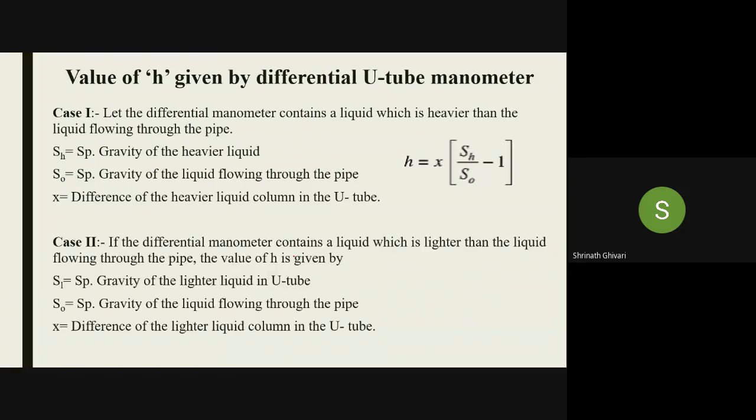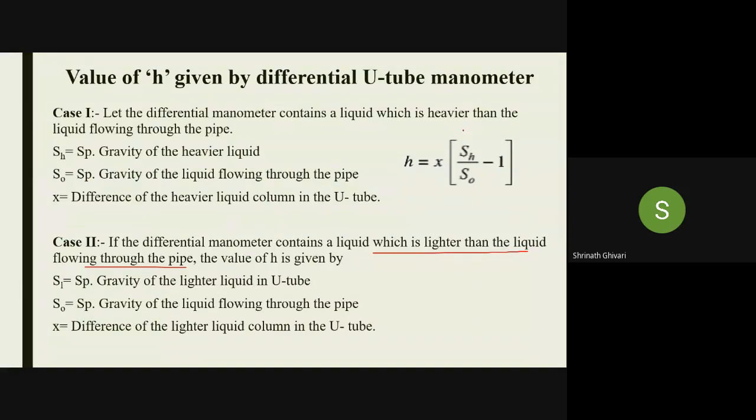Now next, if the differential manometer contains a liquid which is lighter than the liquid flowing through the pipe. You have seen this already. Where have we observed this? Anyone? In an inverted U-tube differential manometer, what used to happen? The liquid in the differential manometer should be lighter compared to the liquid flowing through the pipe. If you remember, you might have observed this.